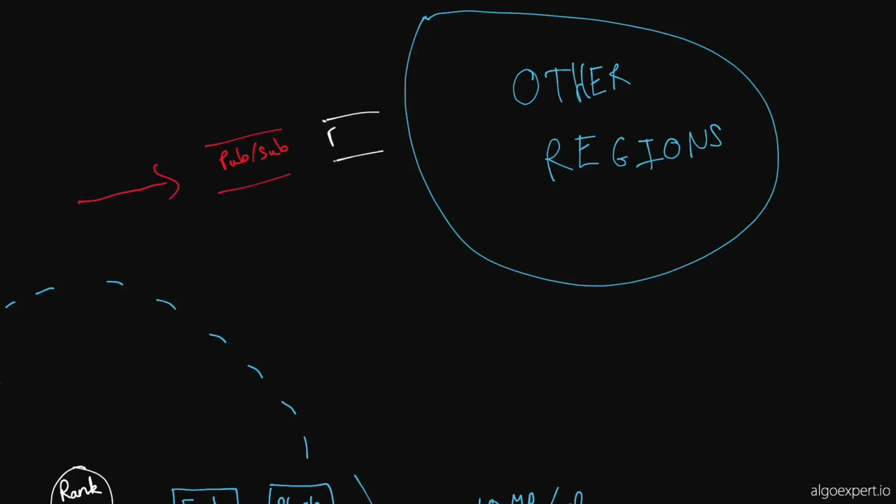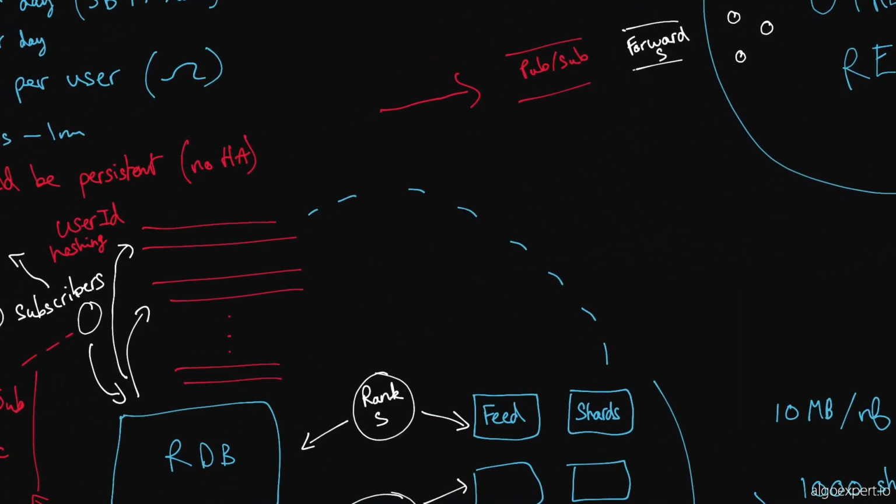This is a forward service, and it subscribes to the PubSub messaging system, and receives the notification that it needs to tell the region that we just got a post in another region. Let's start the entire machinery that needs to happen, and there you get to the subscribers at this point. Does that make sense?